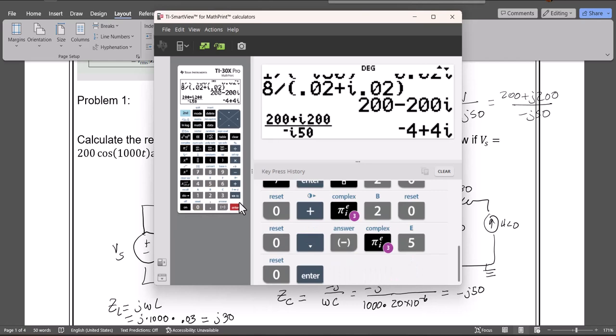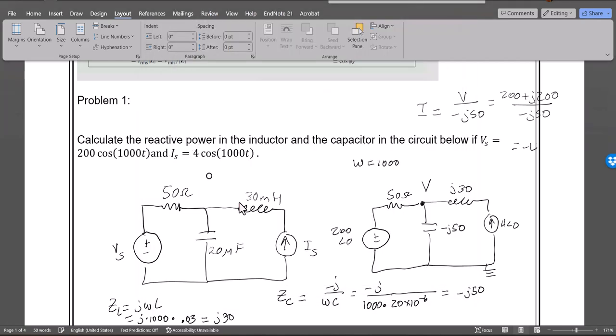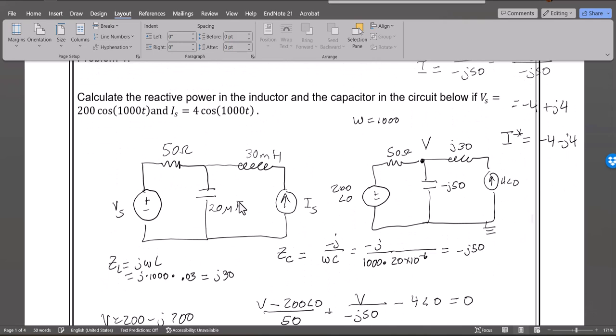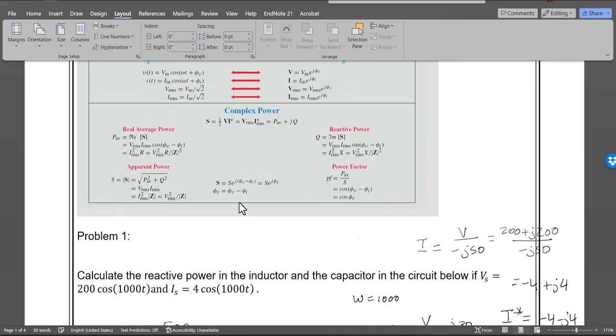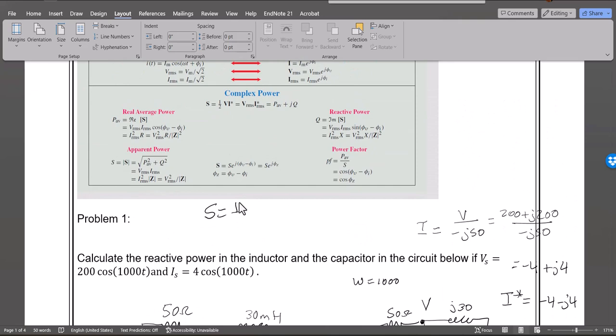So minus 4 plus J4. So I conjugate is minus 4 minus J4. And so the complex power is 1/2 V I conjugate, or 1/2 200 plus J200 times minus 4 minus J4.